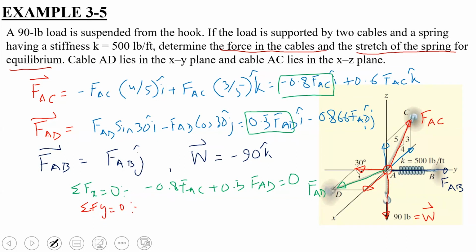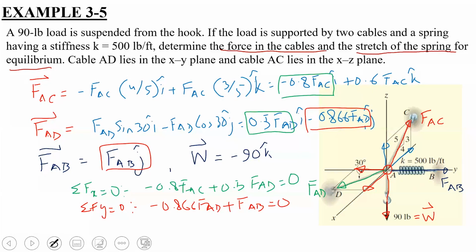Moving forward, summation Fy equal to 0. The forces which are acting along y-axis are basically minus 0.866 FAD plus FAB. यही दो फोर्सेस आएंगी. यस सर. तो आपने summation Fy में इन दो फोर्सेस को शामिल कर लिया.